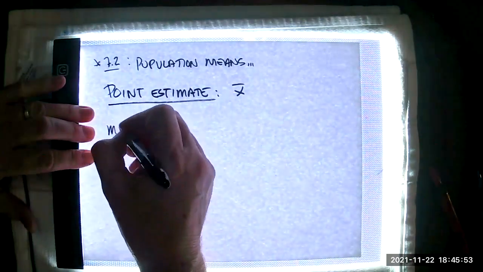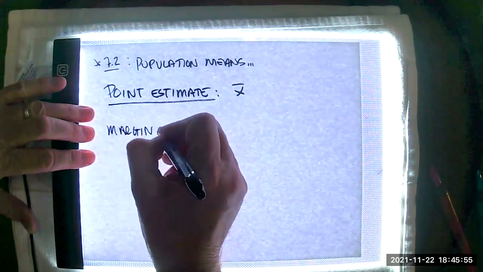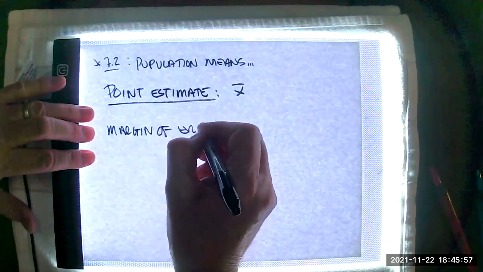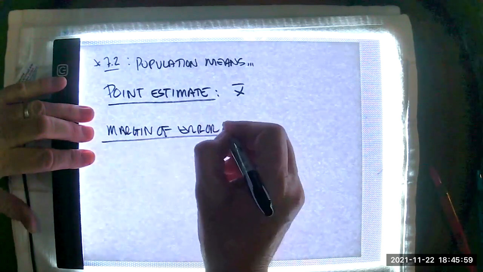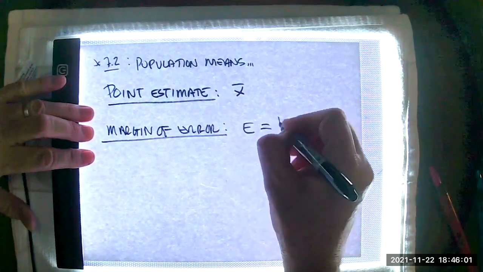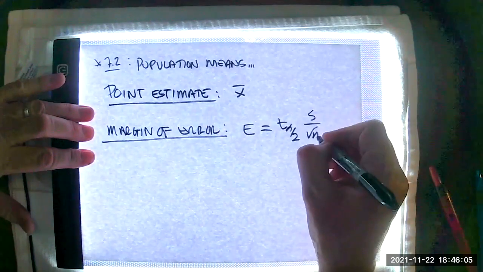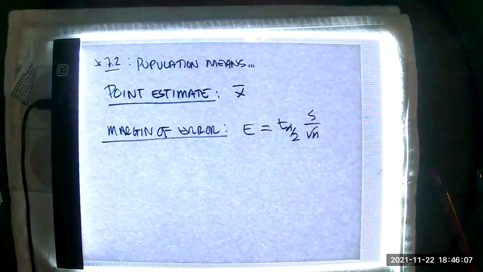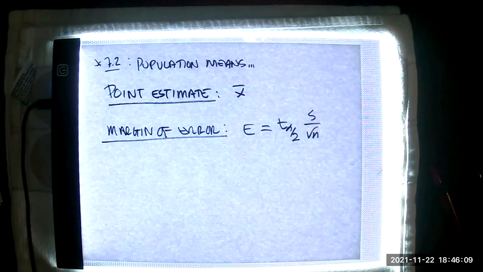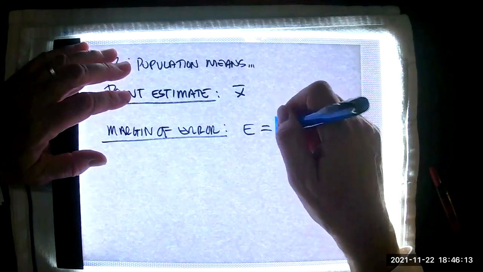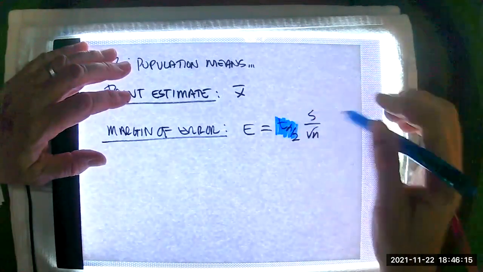And we have a margin of error, E equals t alpha over 2 times s over the square root of n. And we use the t distribution here, not the z distribution.